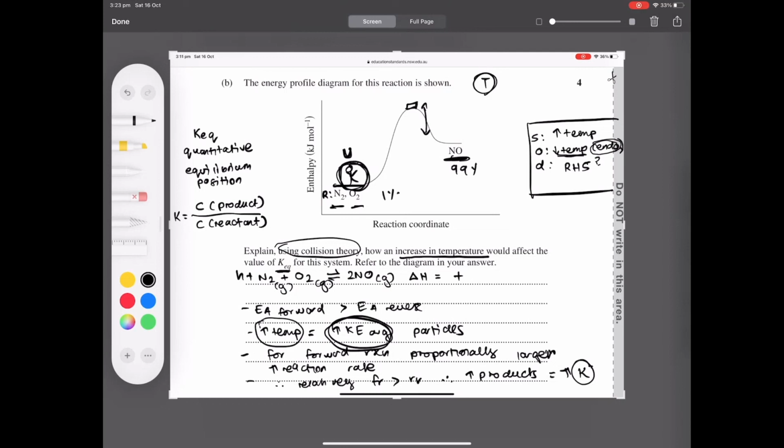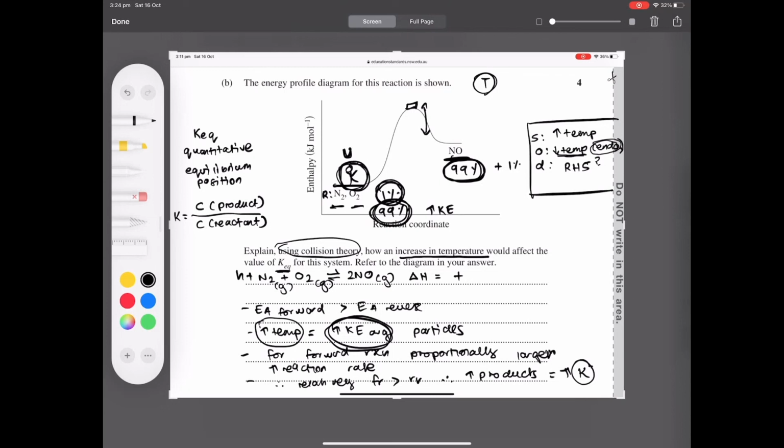Is everyone with me? Now, when I increase kinetic energy, the max I can improve this reaction rate by is by 1%. But what's the maximum I can increase this reaction rate by? Technically, theoretically, 99%. So when I increase kinetic energy, do you see how it's disproportionately increasing the successful collisions on the reactant side compared to the product side?